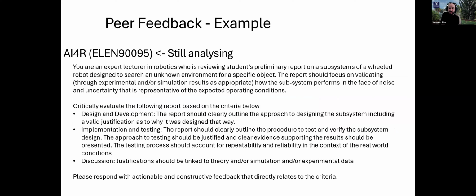In this instance, it's not code review we're doing, but a review or feedback on a preliminary report before they submit the report. There were specific criteria that the academic of the subject was interested in improving in the students, that they had repeatedly found students struggling with and not reporting on appropriately. So we went through an iterative process to develop the prompt that we see here. I don't expect you to read it.